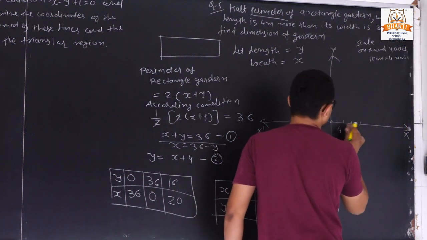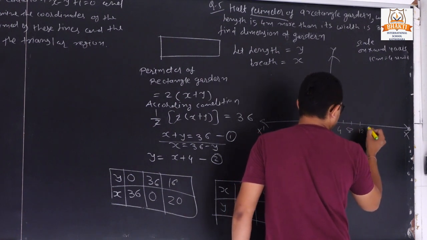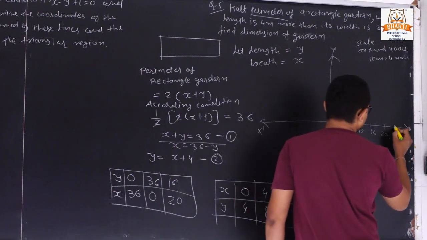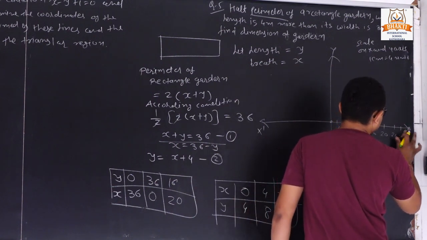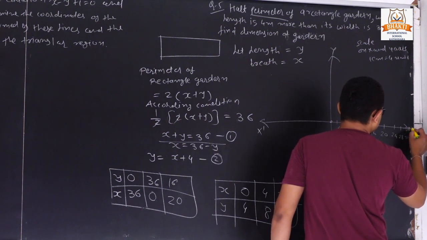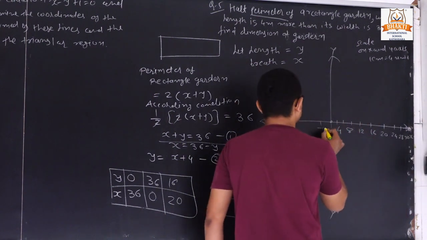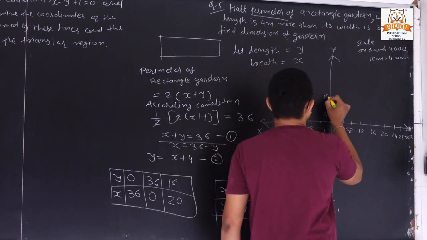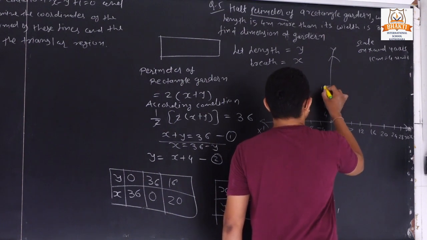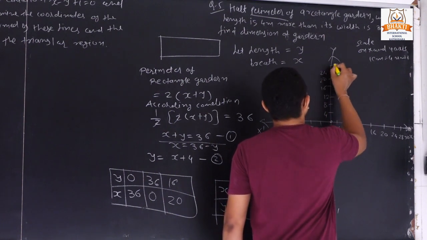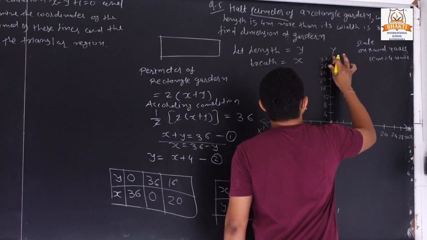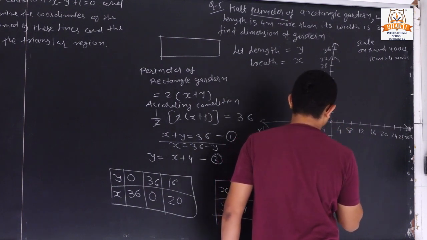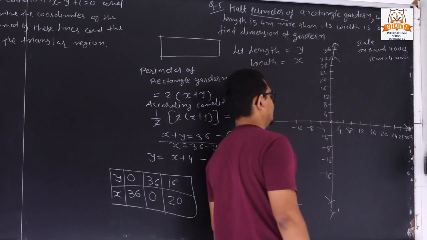So 4, 8, 12, 16, 20, 24, 28, 32 and 36, and similarly minus 4, minus 8, minus 12, minus 16.